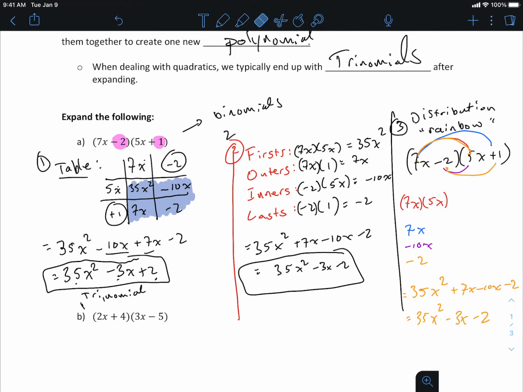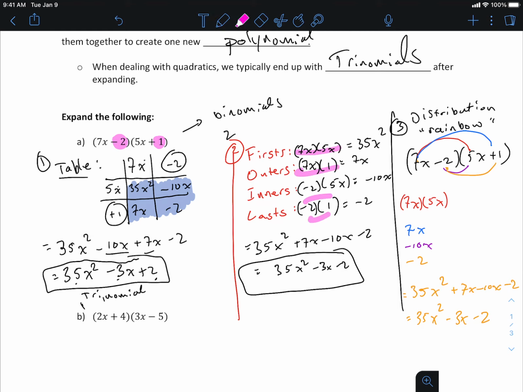I personally like that rainbow method. I've used it forever and it just seems to be the fastest. Now with the speed can sometimes come sign errors and then you get the wrong answers, right? So just be careful with whatever you're choosing. The first two are very nice in the sense that everything's very spelled out, right?